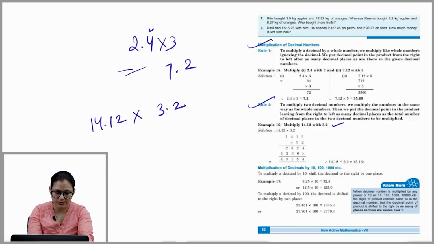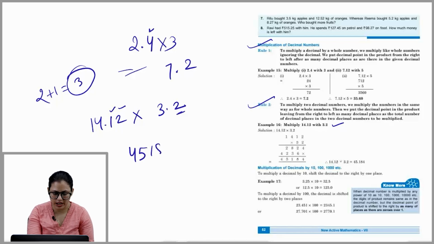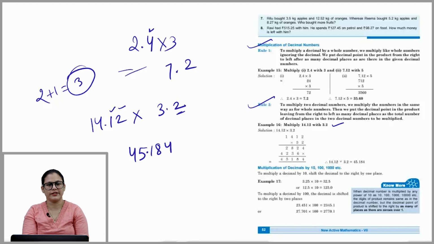First, how many decimal places are there? 2. And how many here? 1. wait, total decimal places are 3. That means when we find the product, we place the decimal after 3 digits starting from the right. So the product is 45184. Now we put the decimal: 1, 2, 3. Here we will put the decimal.